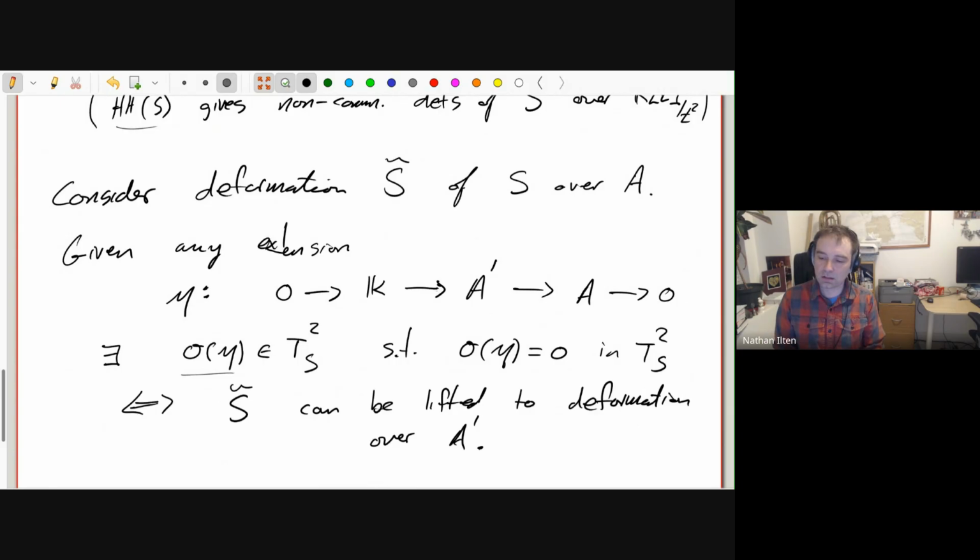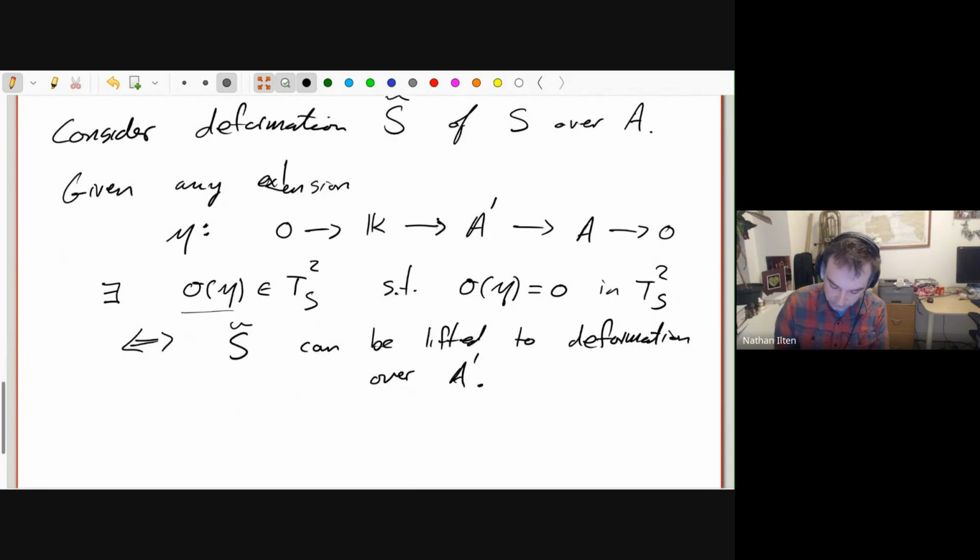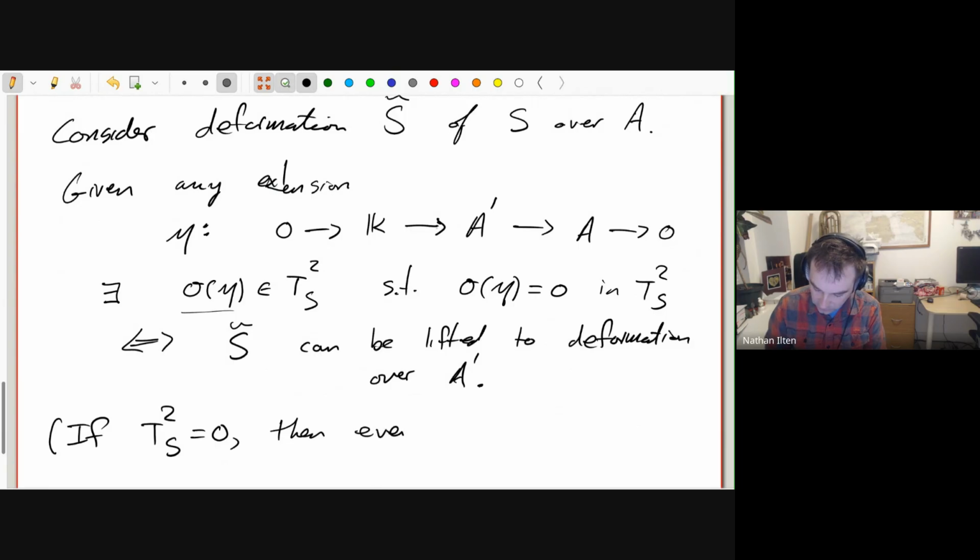So this second cotangent cohomology module contains the information about obstructions to lifting deformations. So in particular, if T2 of S is equal to 0, then every possible deformation lifts.